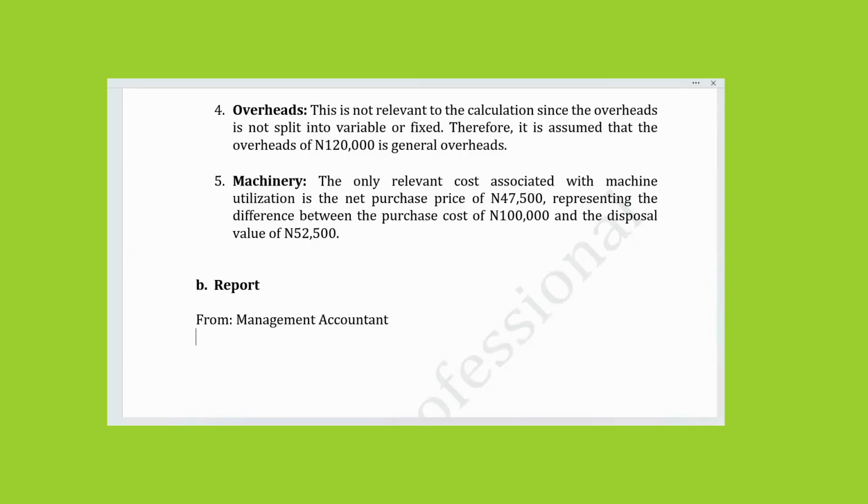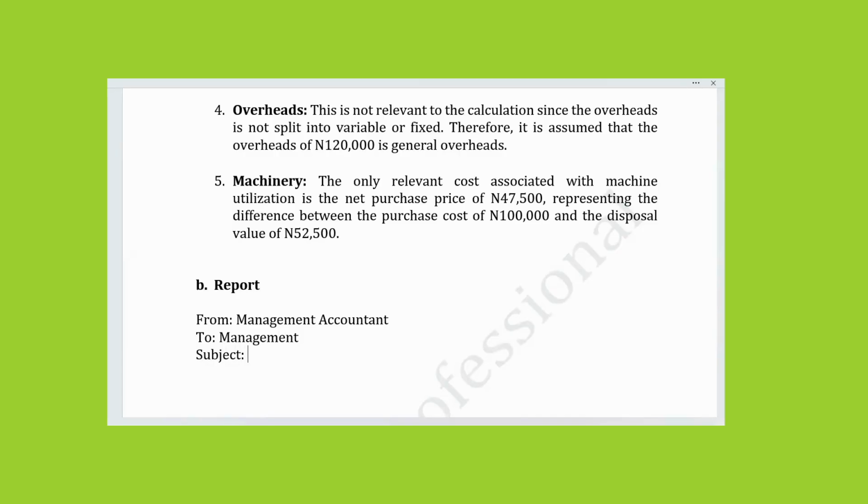Who are you writing the report to? To management. Next, your report must have a subject. Now, pay attention here. For the subject, whatever you think is the subject is what the examiner is going to mark for you. All of you cannot have the same subject.